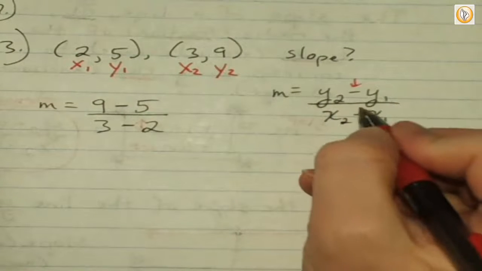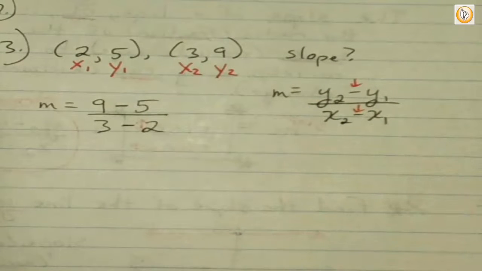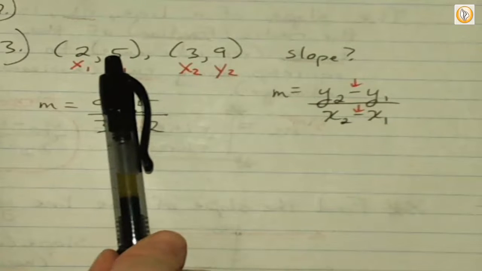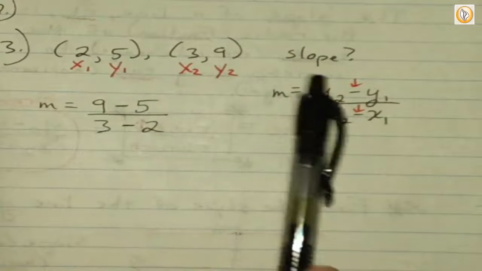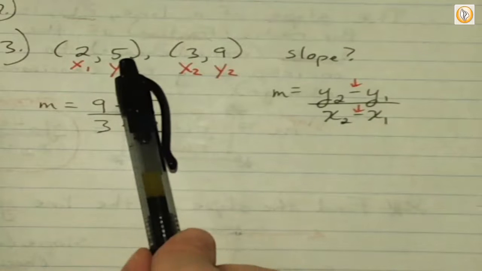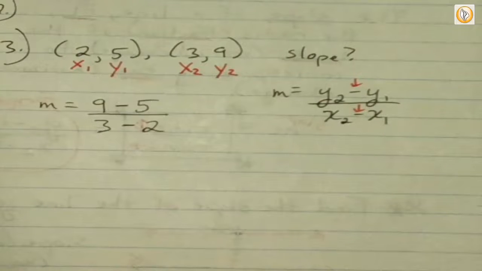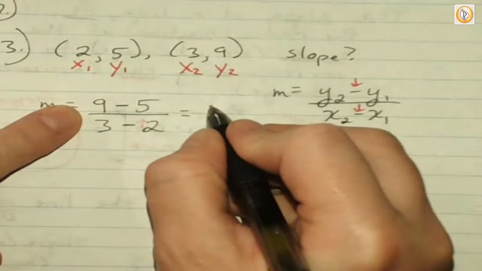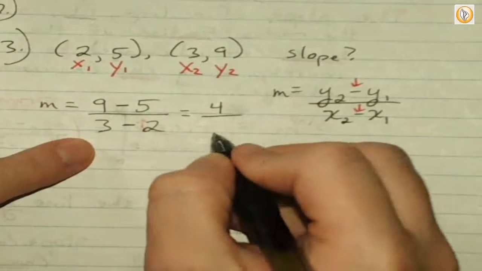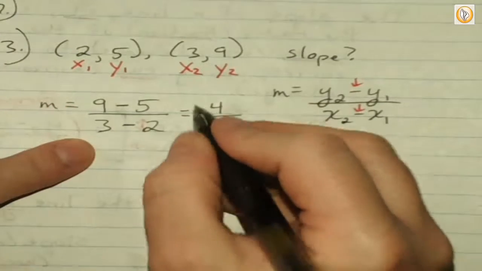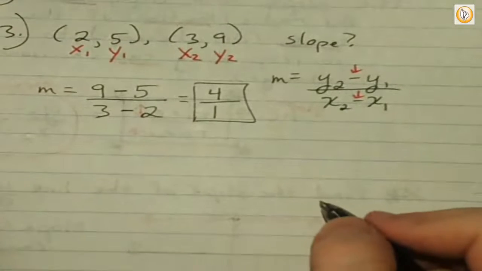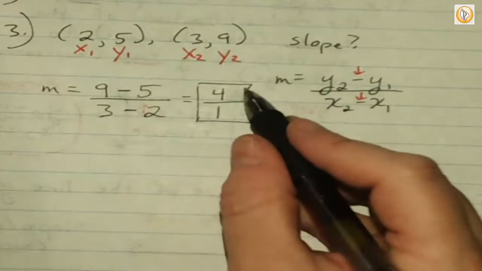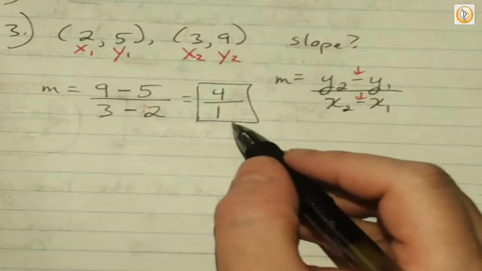This minus had always better be there. Even if you have a negative number here, then that's minus the negative, which would be positive. So then 9 minus 5 is? 3 minus 2 is? This is your slope. Now, remember, we're not dealing with normal fractions. That's 4 over 1.